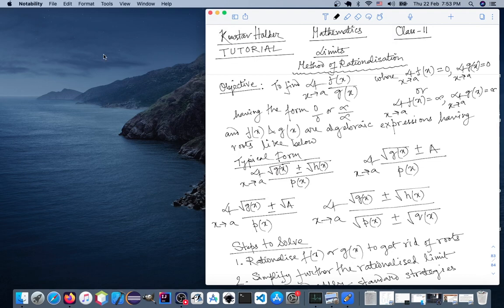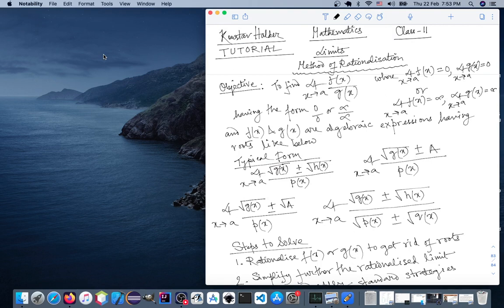Okay, so the objective is to find a given limit of the form f(x) by g(x) as x tends to a, where the limit of f(x) as x tends to a is 0 and the limit of g(x) as x tends to a is 0, or both limits will be infinity.